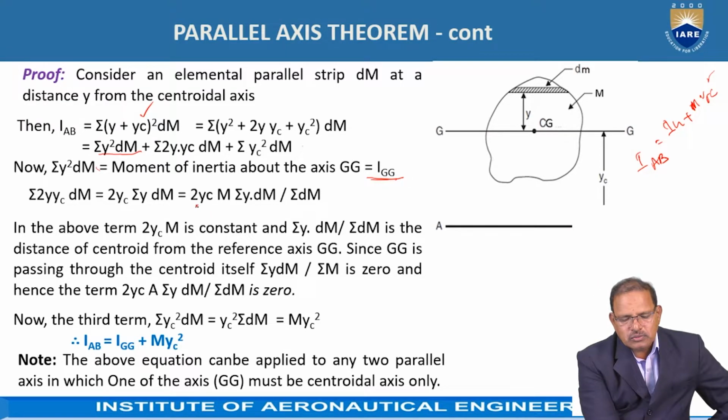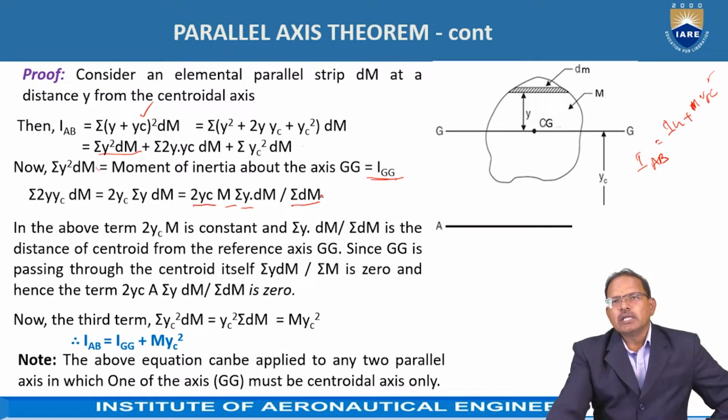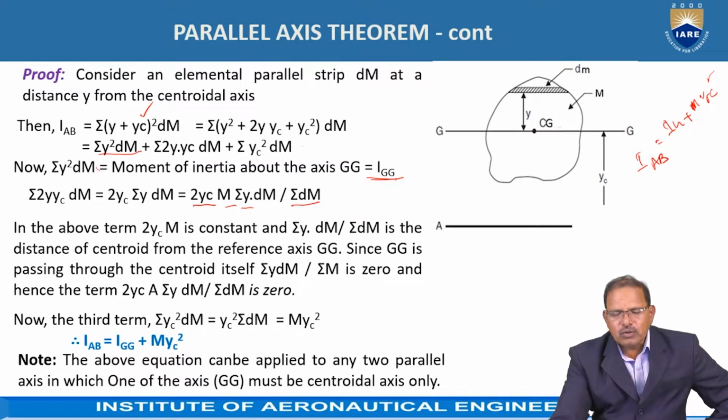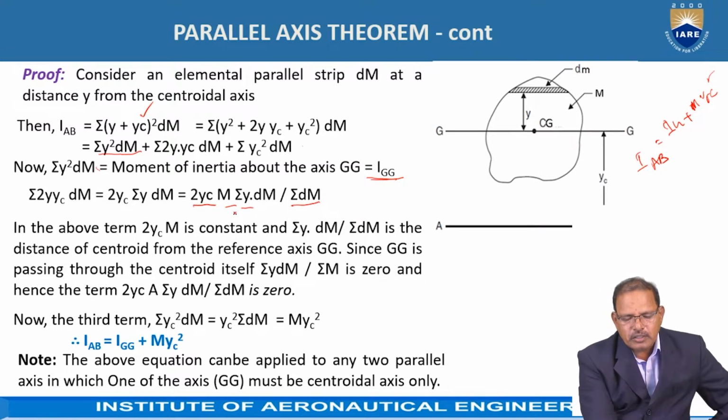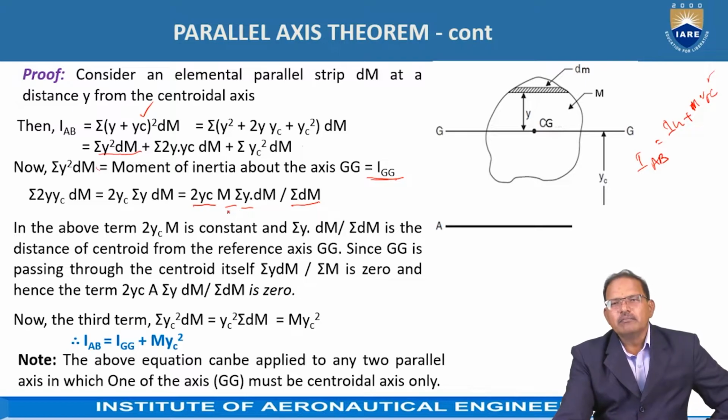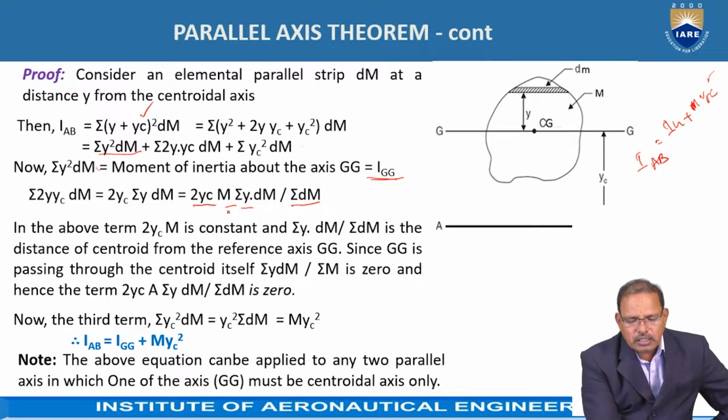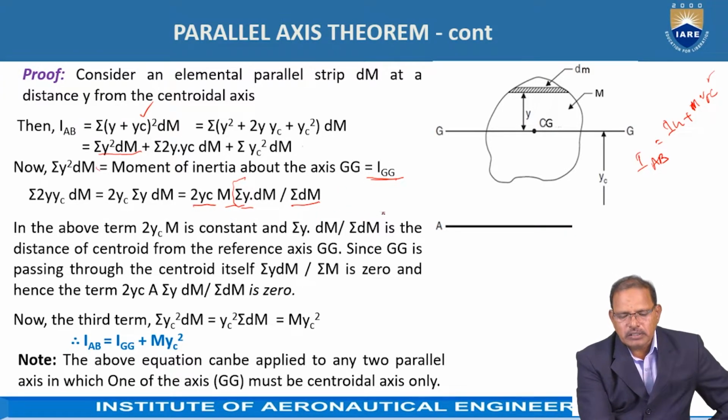We get 2 yc m into sigma y dm divided by sigma dm. Sigma dm represents the total mass of the body, hence the numerator is represented as m only. Here m is constant, 2 is constant, yc is constant. The remaining terms can be represented within the bracket like this: sigma y dm divided by sigma dm.